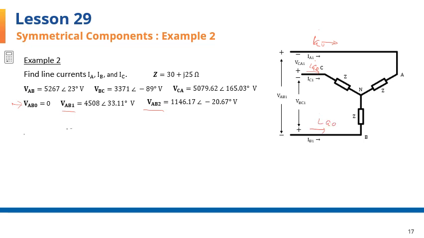So three of them adding to 0, 3IA0 equals 0, so IA0 has to be 0. Again, due to KCL, because they're going across the boundary here. And for the floating neutral case of the Y-connected load, there is no return line. There is no neutral. So the sum of the three currents has to be 0.